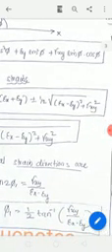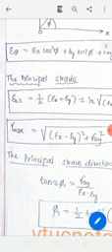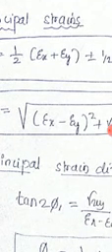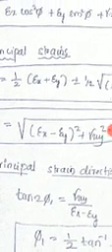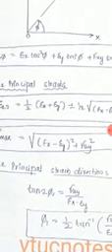Now how can we calculate the principal strains, epsilon 1 and 2? You can use 1 by 2 epsilon x plus epsilon y, plus or minus 1 by 2 under root epsilon x minus epsilon y square plus gamma xy square. For finding the maximum strain, you can use this equation, under root epsilon x minus epsilon y square plus gamma xy square.